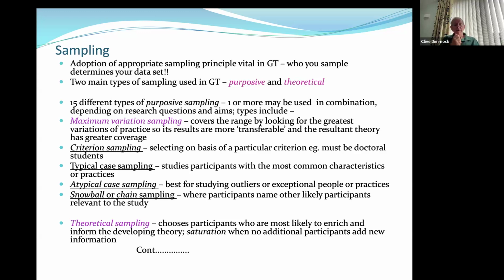Another second type that's often used in conjunction is criterion sampling. So in this case of my student, the criterion was you had to be a woman and you had to be in a senior academic position.